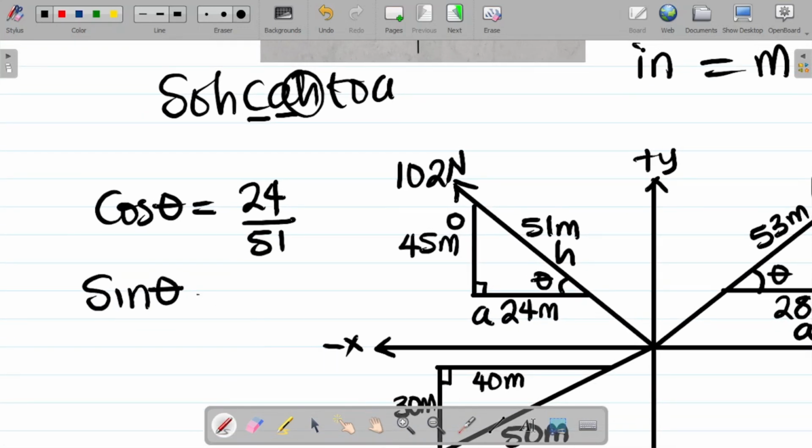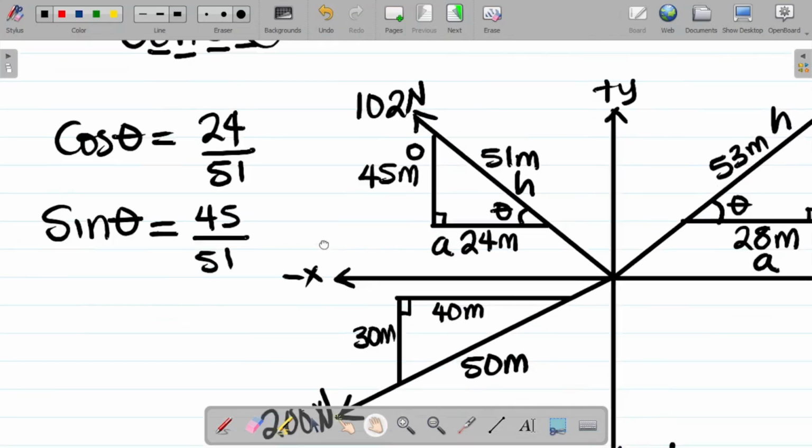Sine is opposite over hypotenuse. The opposite here is 45, and the hypotenuse is 51. So sin theta is 45 over 51. All right, let's get the last one there.